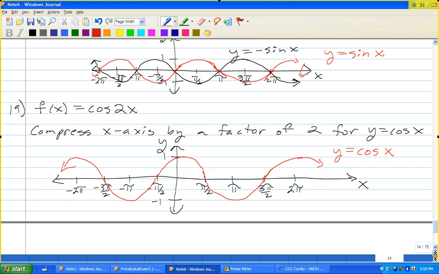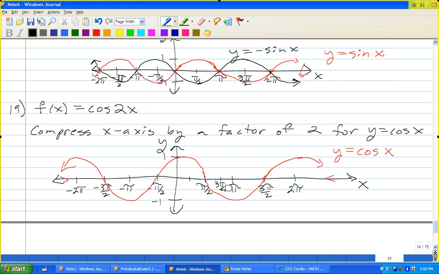Okay, and now let's compress this. Squash the x-axis in by a factor of 2. So when I do that, now it's going to do pi over 4. Nah, I think I won't.